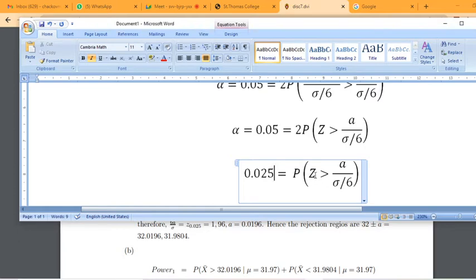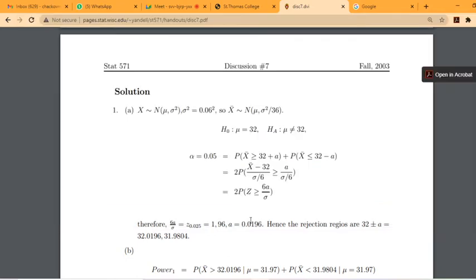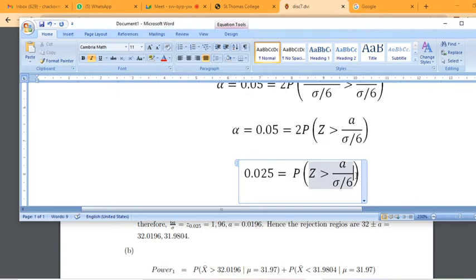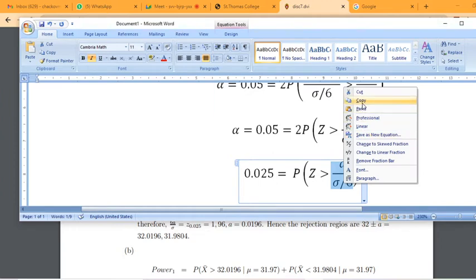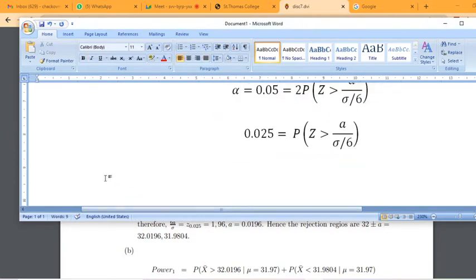So what is the value of z? What is the table value of z corresponding to 0.025? That is 1.96. Because we have discussed the normal curve and the normal table, from that table we can see that this is nothing but 1.96.